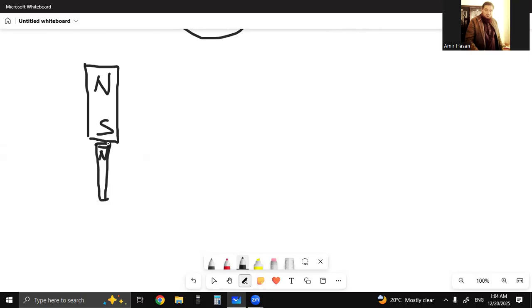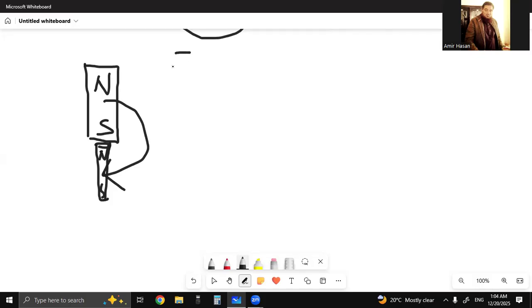Magnetism is induced in the nail when we bring it near the permanent magnet. These are the magnetic materials which change into a magnet when we bring them near a magnet.